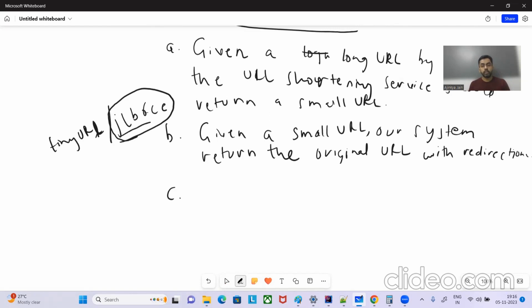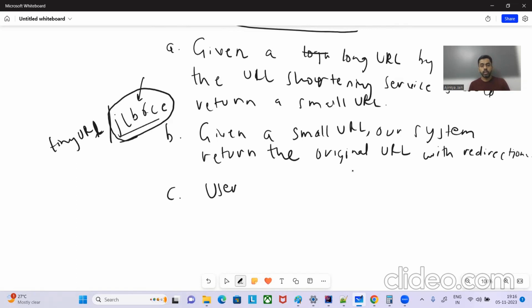This is generated by our system, or it can also be provided by the user saying, I don't want your system to generate the short key, I want to give my own key. So that also should be a provision for the user.